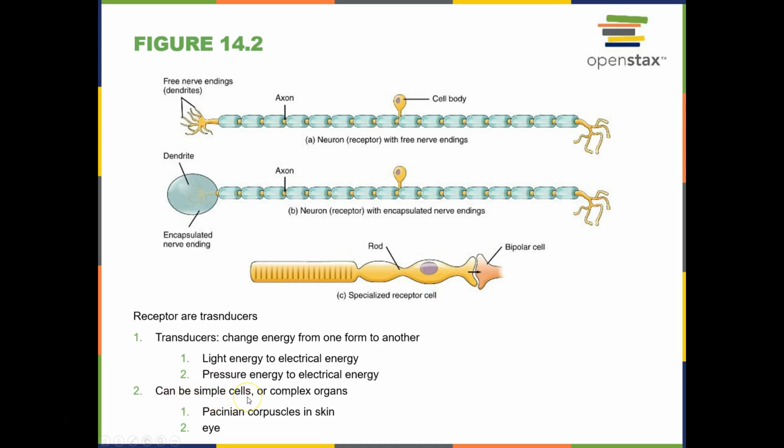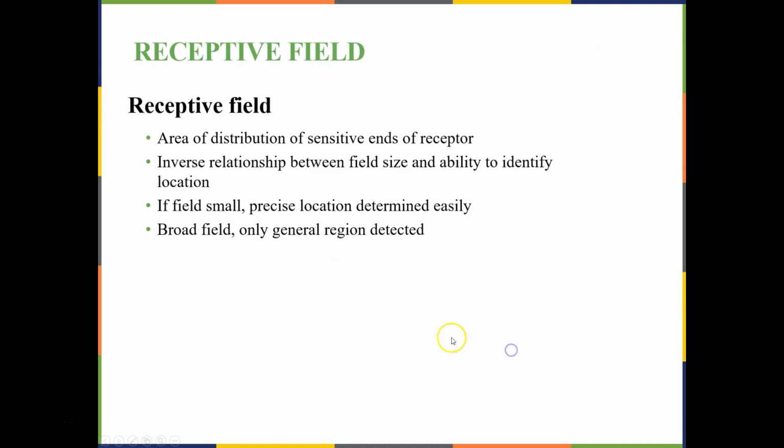Receptors can be very simple. So like the receptors in our skin are simple neurons. Or they can be very, very complex, like our eye. A receptive field is the area that has those sensory receptors, those sensitive receptor cells.